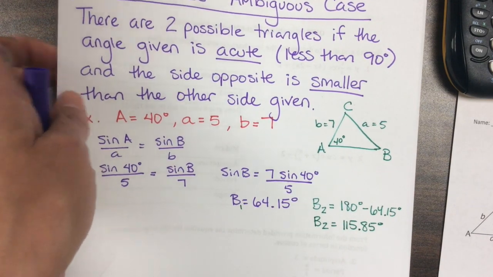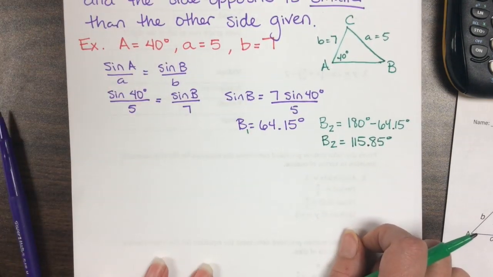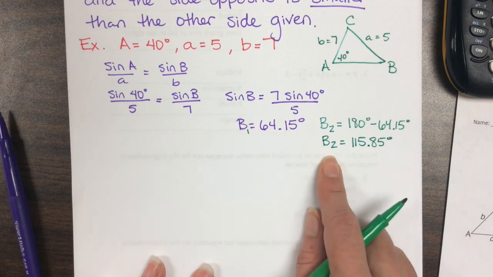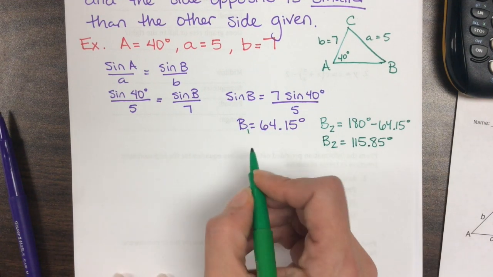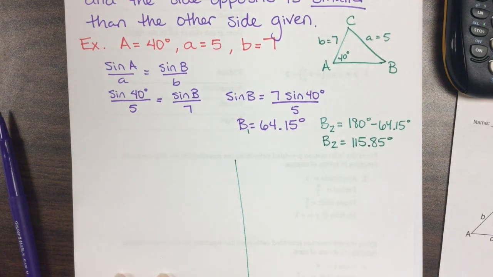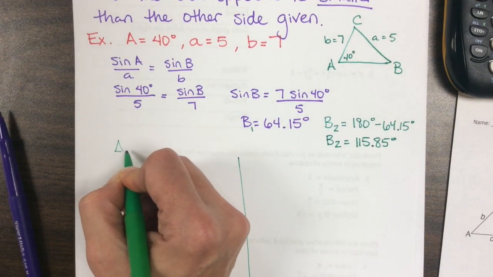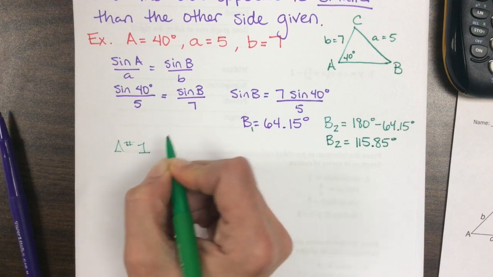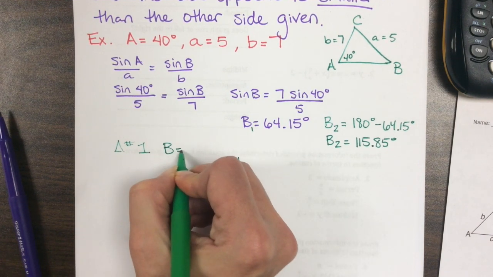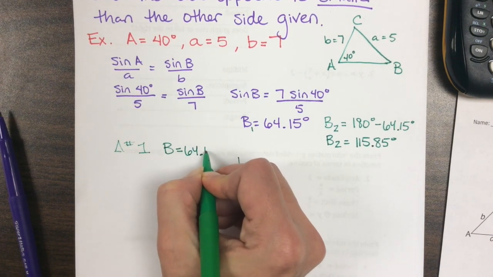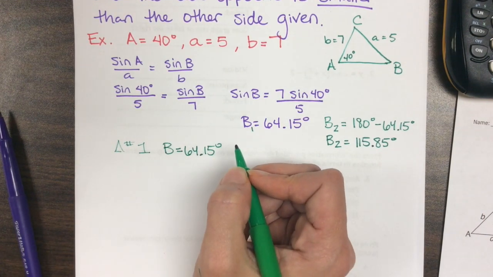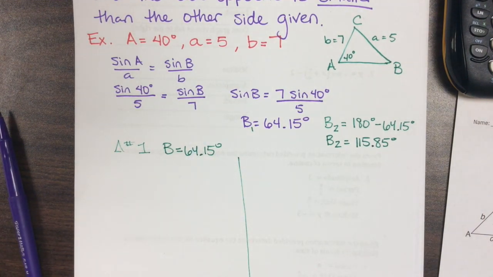All right, now we need to solve both of these triangles. We need to solve one triangle with B1 and another triangle with B2. So I kind of like to separate my paper at this point. So this is going to be triangle 1, and that's going to have B equaling 64.15 degrees. So let's solve this triangle first.